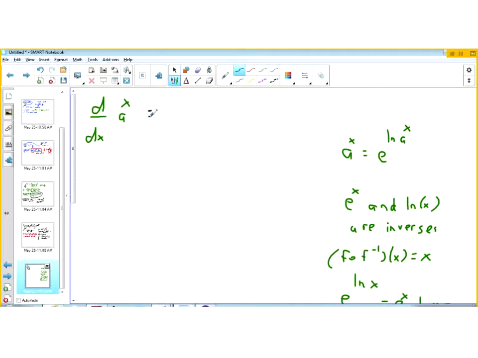The derivative with respect to x of the exponential function can be written as the derivative with respect to x of e^(ln(a^x)). And now we know that the natural log of a variable raised to a power can be written using logarithmic expansion. So the exponent becomes a coefficient. So we have something like this, by the rules of the expansion of the logarithmic functions.